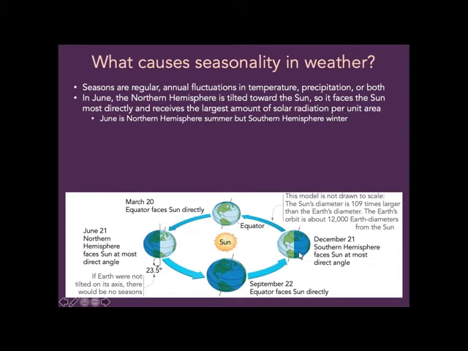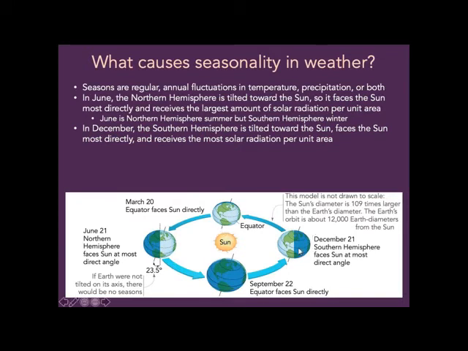If you look in the southern hemisphere in June, you can see they're facing away from the sun, so they get less solar radiation per unit area, like over here, for example. So this is why June is summer in the northern hemisphere, but it is winter in the southern hemisphere.